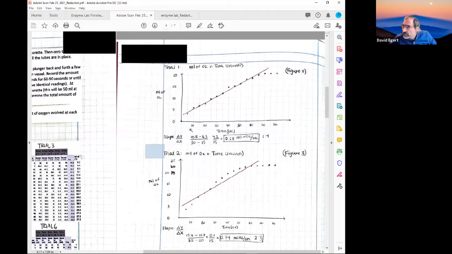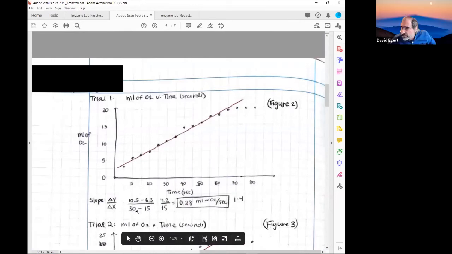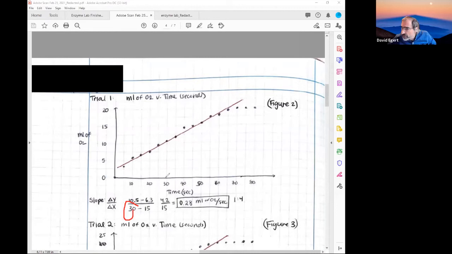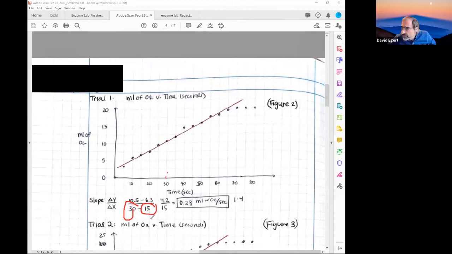So I'm going to do this marquee zoom. Here we go. They're saying when they were at 30, let me do the annotate thing here, they said at 30 it was 10 and a half. So I go to 30, and that's about 10 and a half. And they said at 15 it was 6.3.